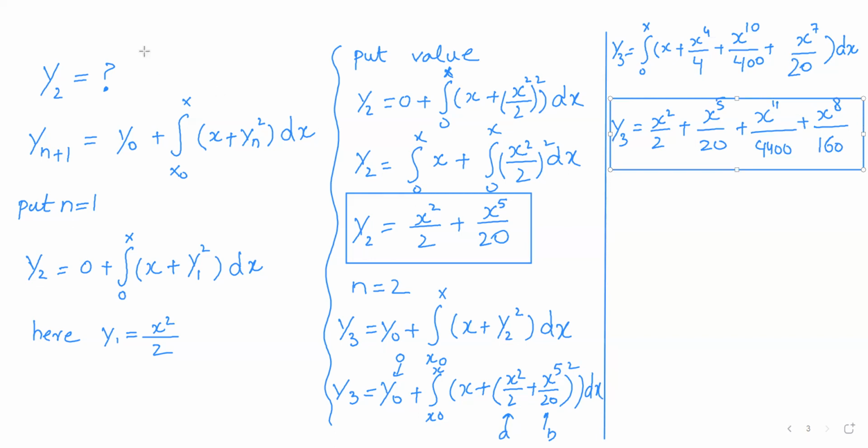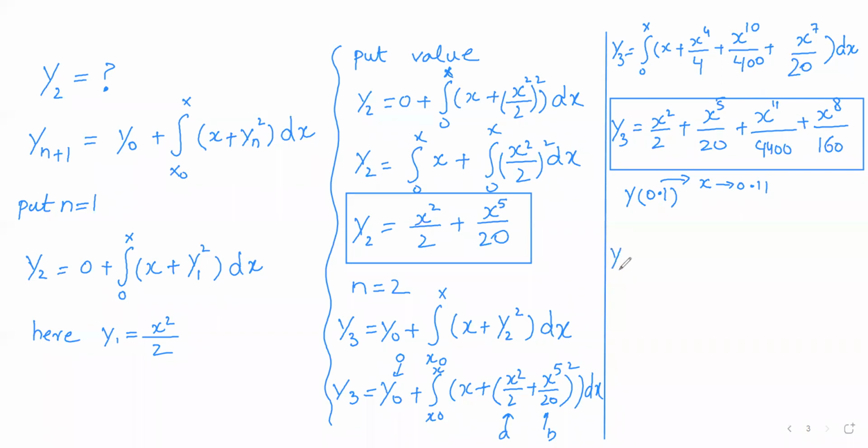So this is the end of our question. Okay. So at the end of the question, if they ask you to find y 0.1, it means you need to put x as 0.1.